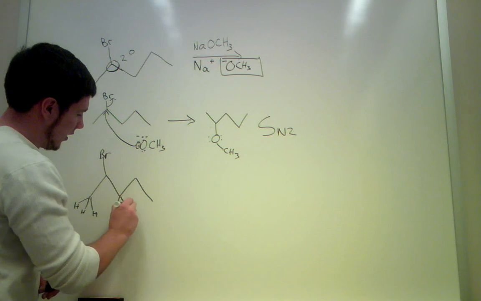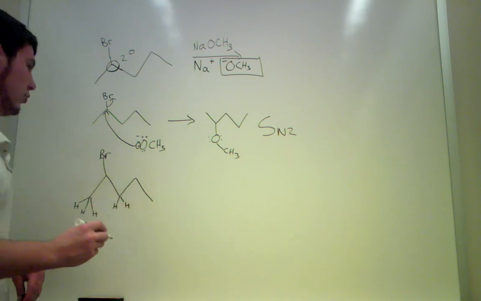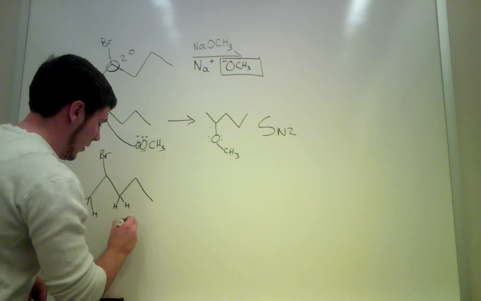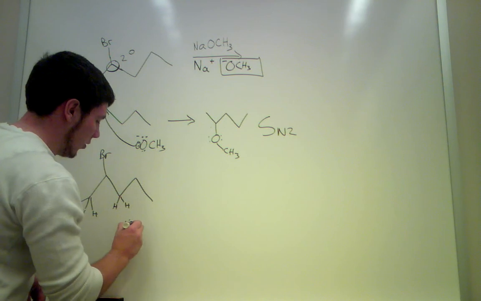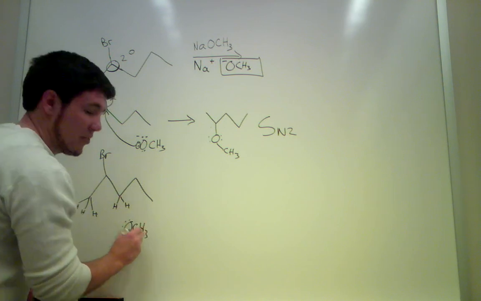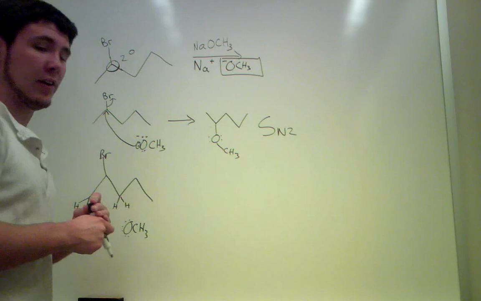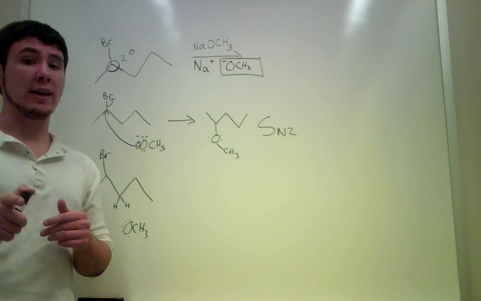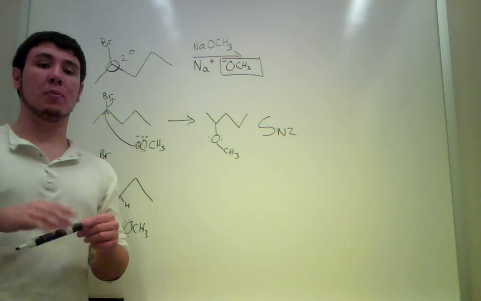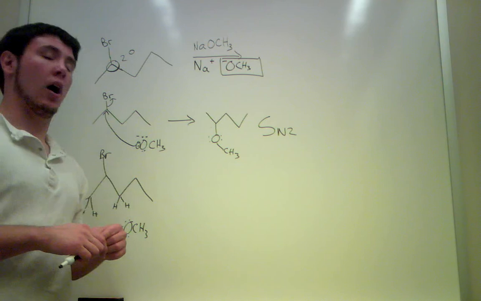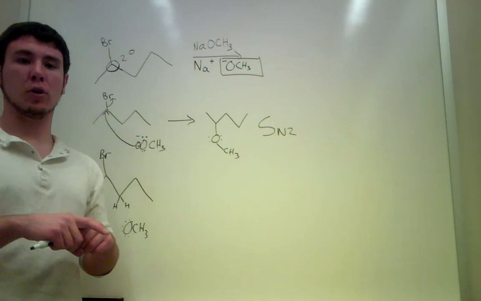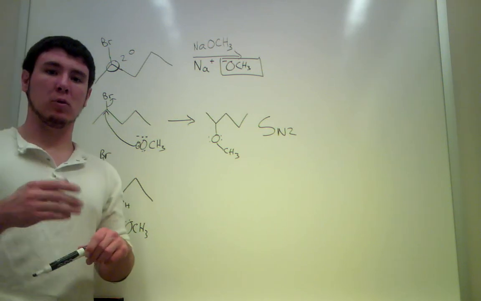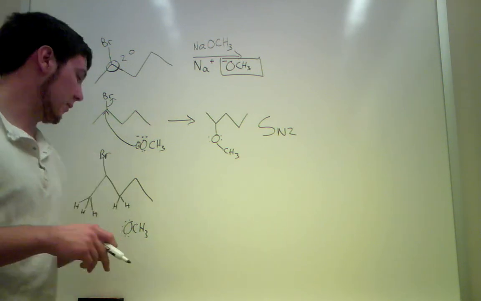So we've got 5 here that we can choose from. But we're going to remember a little trick that Zaitsev taught us: when we make an alkene, we want to make it between the most substituted carbons. That is going to be the most stable alkene, and that will be the observed product.